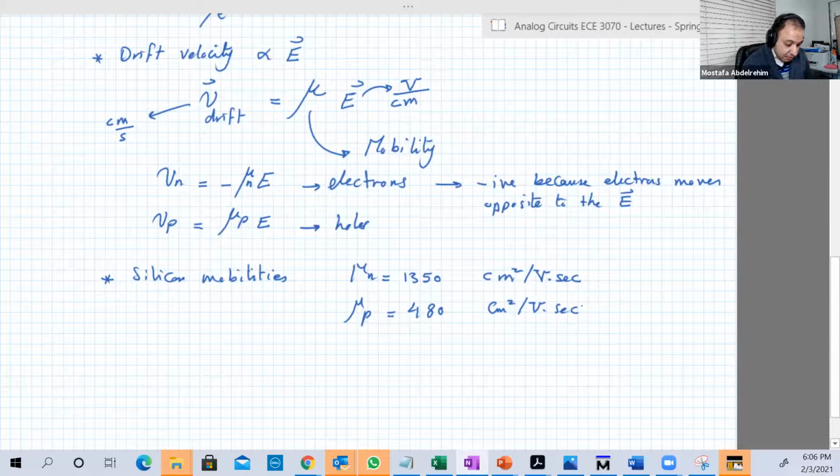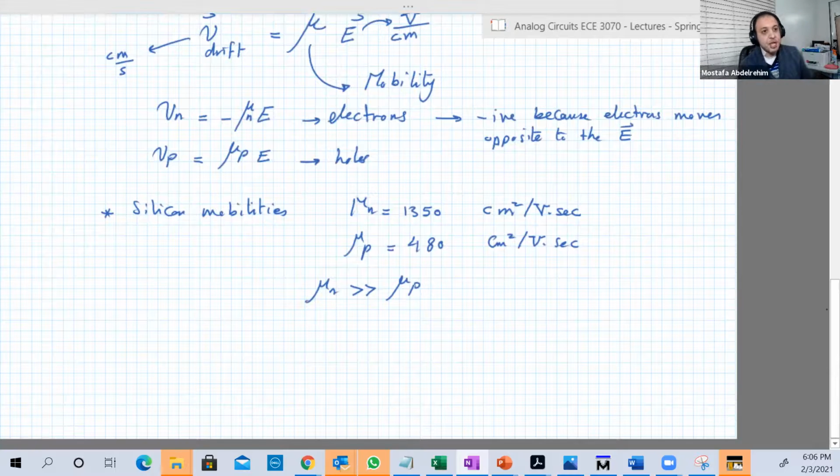Before we continue, let's see one observation here: mu n is much larger than mu p. And that's the fact, basically. Because remember, electrons, the carriers, are in the conduction band, and the holes are in the valence band. Remember, in the first place, the conduction band was completely free at, for example, 0 Kelvin.